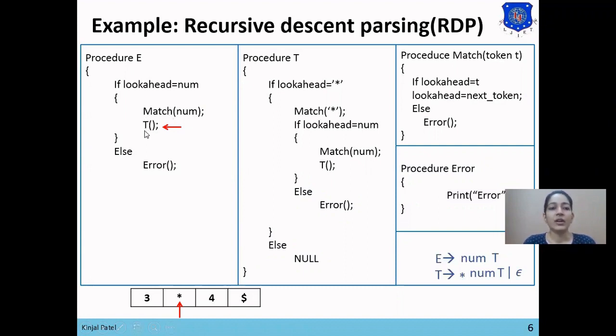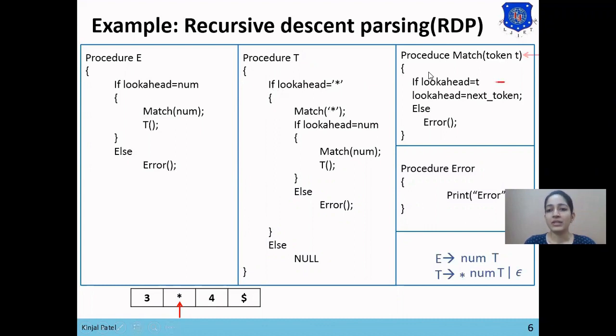So now call the T procedure. The counter will go to procedure T, and in T procedure it says that if lookahead equals star, so yes, lookahead equals star, so our condition is true, then match star. So now match procedure for token star will be called.